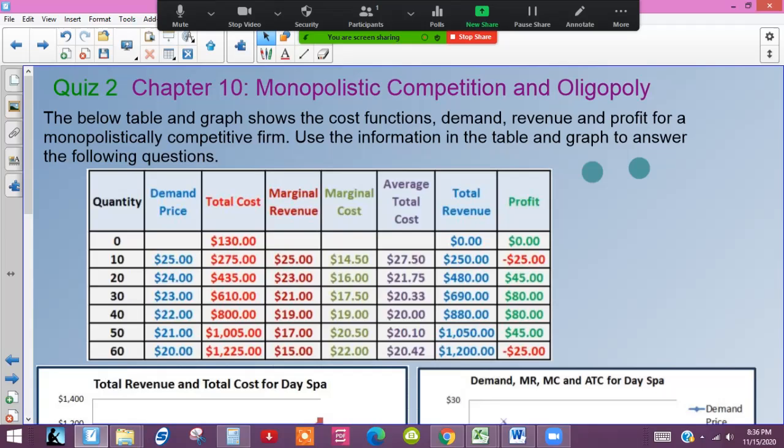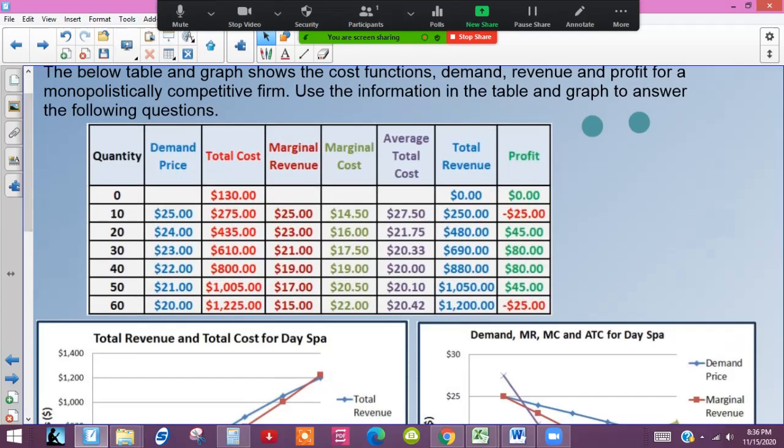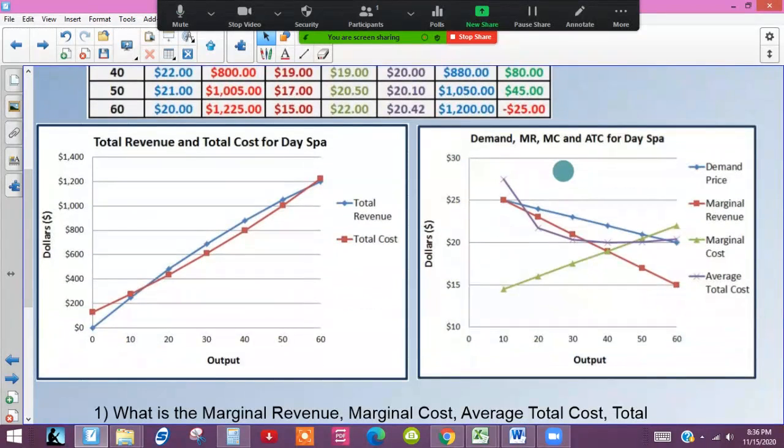So we want to just jump down here, I guess, and look at our graphs. So we have the same type of graphs as we did in the monopoly. We had a total revenue and total cost over here on the left, and the demand or price line right here, the demand, marginal revenue, which is the red, marginal cost, which is the green right through here, and the average total cost is the purple curve right here.